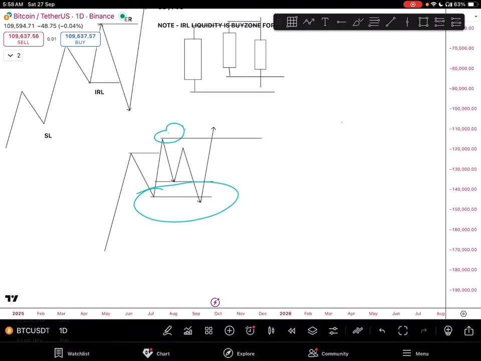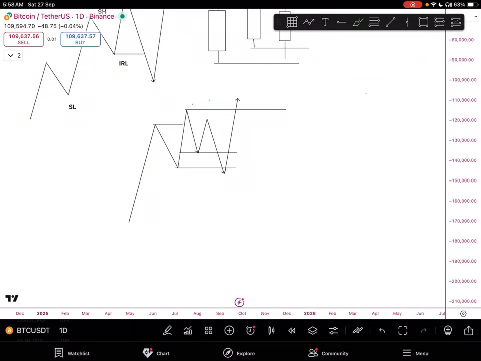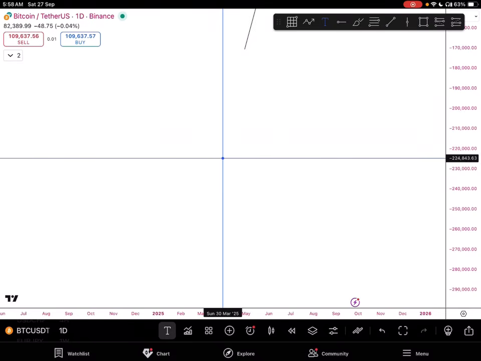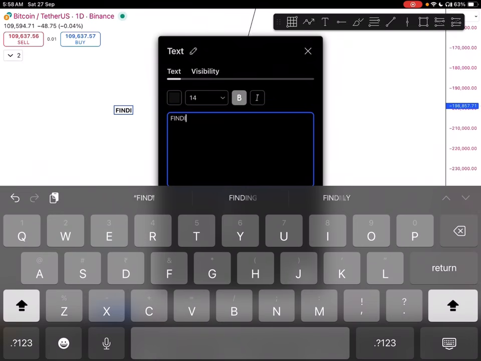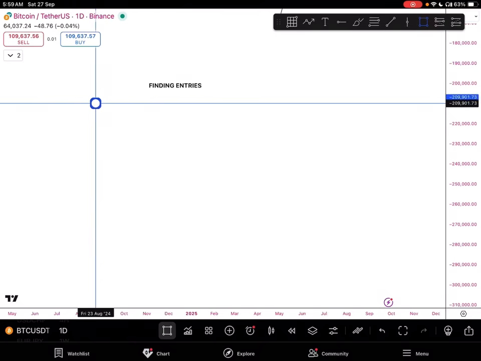Okay. So how to find entries? Here many people have a big confusion. How to find entries? We have a lot of key levels. So this topic, finding entries.